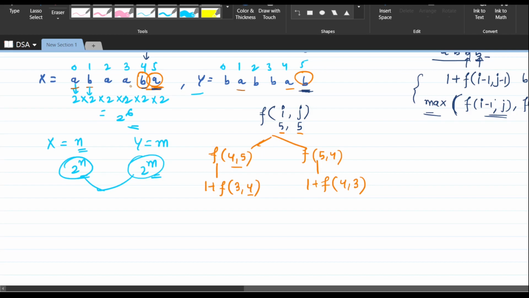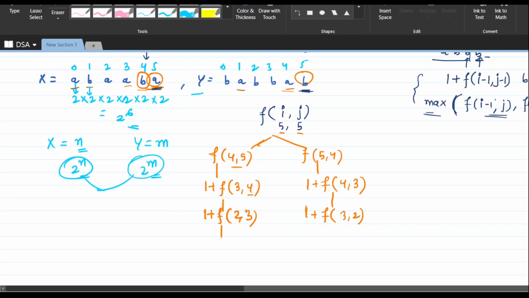So at 3 we have a, and at 4 we have a, so it is matched. Then we can simply say that 1 plus f(2,3). Okay, and similarly here also, at 4 we have b, and at 3 we have b, so it is matched. So it will be 1 plus f(3,2).